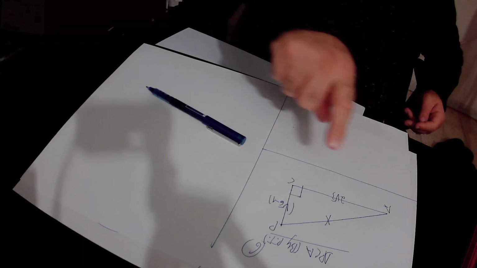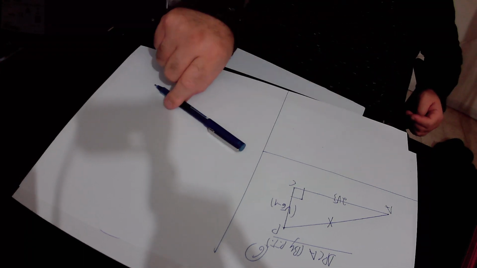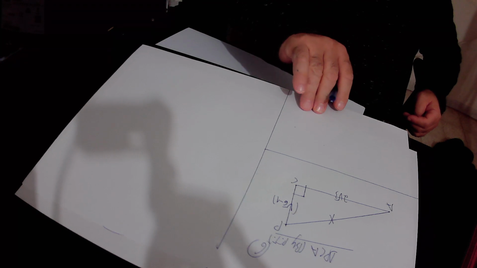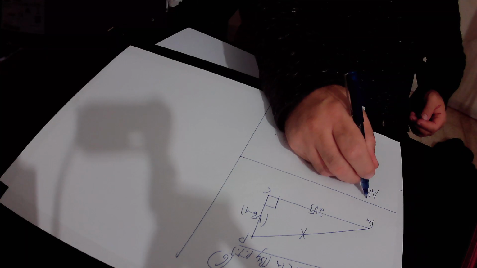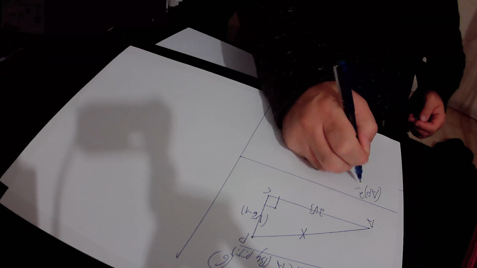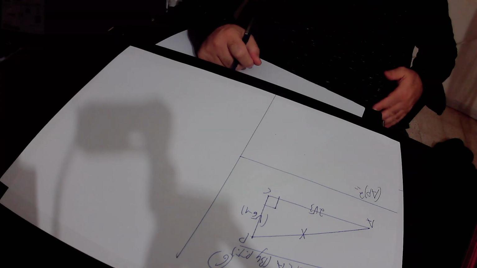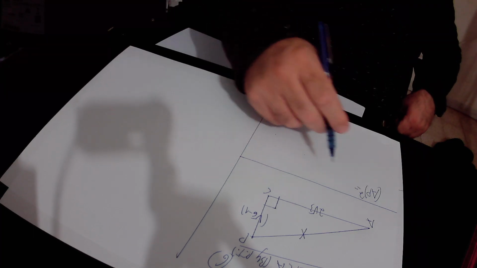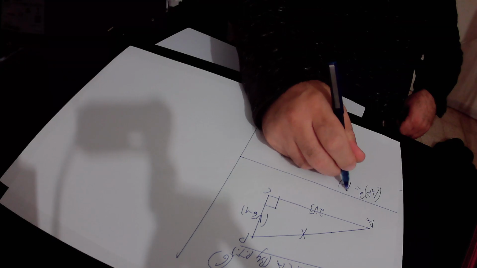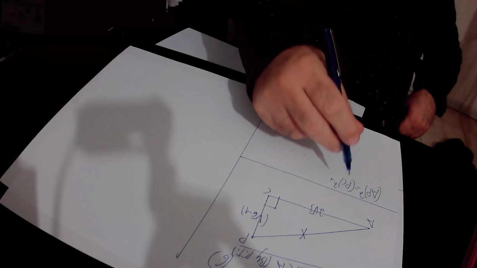The hypotenuse in this right triangle APC is AP. Therefore, the square of the hypotenuse is AP square, and it must be equal to the sum of the squares of the perpendiculars, that is, PC square plus AC square.